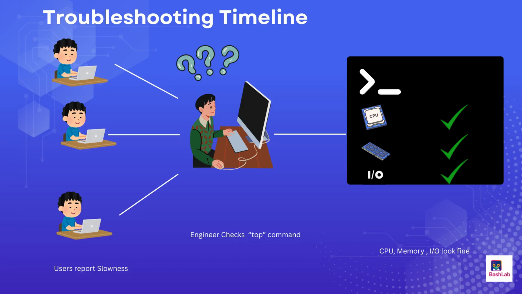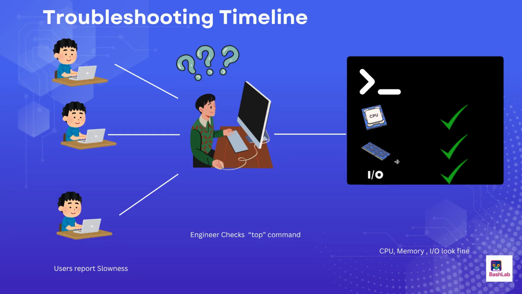So imagine this, you are an on-call engineer. Everything is looking fine, CPU usage is low, memory is stable, no IO spikes. Yet users are screaming that the app is painfully slow. You open the terminal, type in the top command, also glance at the htop command.